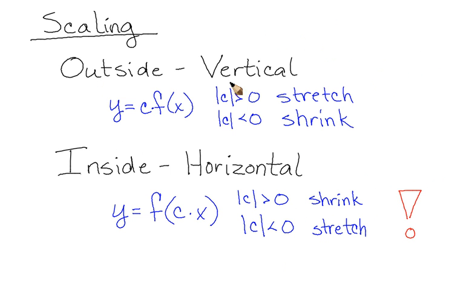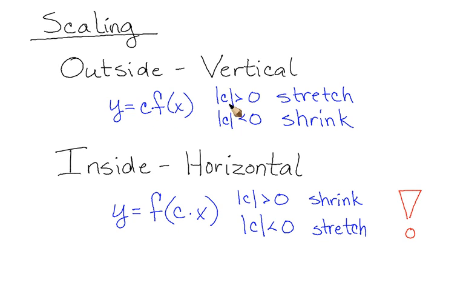Okay, scaling. Scaling can also be done to the outside or the inside. If it's done to the outside, it's also vertical. So y equals c times f of x. That's just multiplying something on the outside. That would be a vertical scaling.